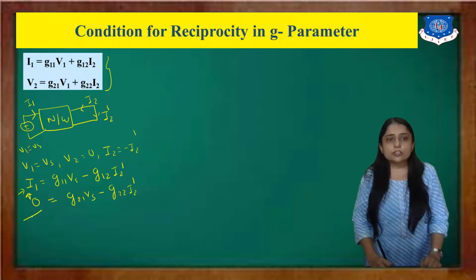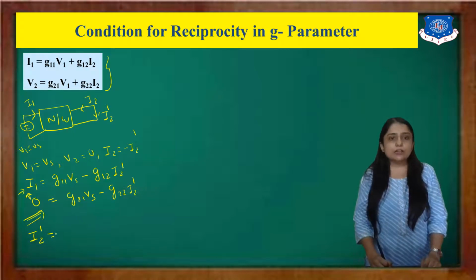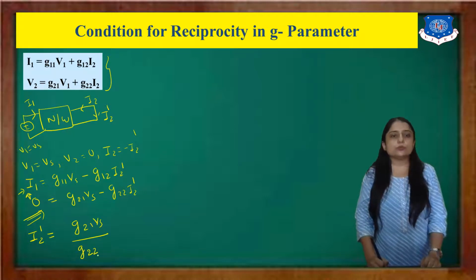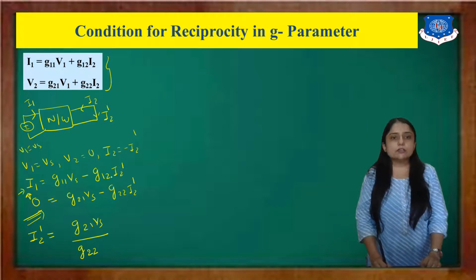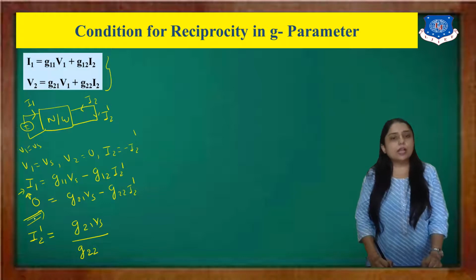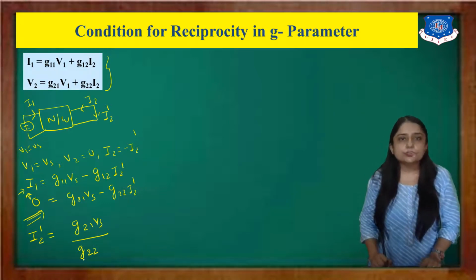From this equation I will find out the value of I2 dash. This term will come to this side, so this will become positive G22 into I2 dash, and here we have G21 into Vs divided by G22.